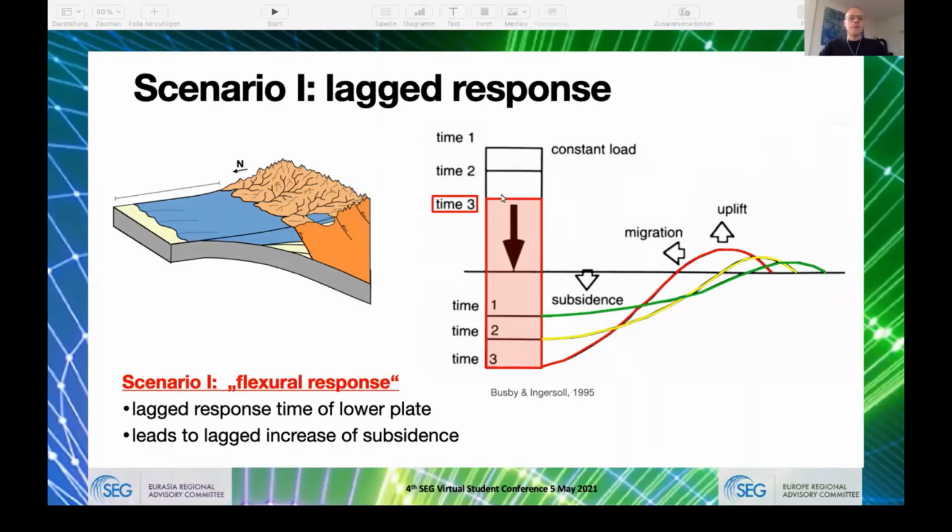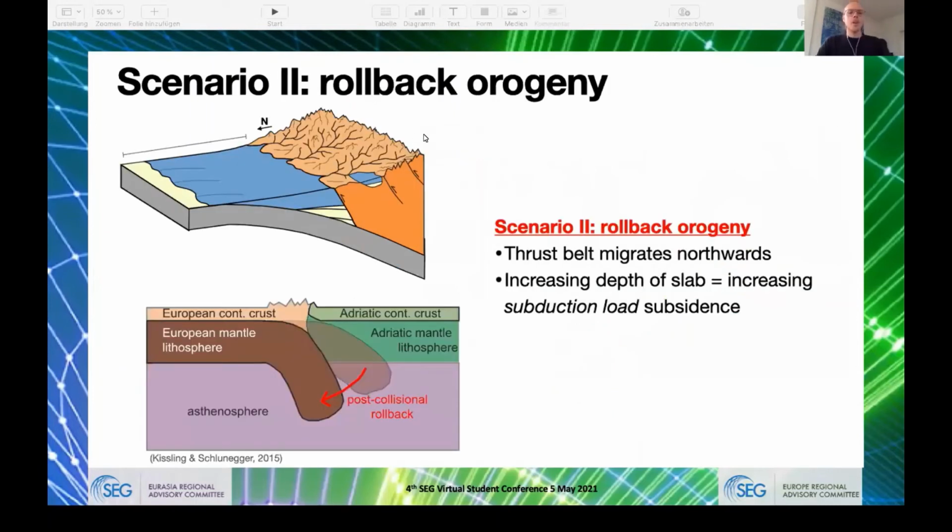So this is the first scenario, and this may also be additionally compensated by the second scenario, which is the so-called rollback orogeny theory, which was proposed by Kissling and Schönborn for the Central Alps. The idea here is mainly that the European slab that is hanging below the Alpine orogen is rolling back, therefore increasing the slope of the slab and therefore increasing the subduction load, as aforementioned.